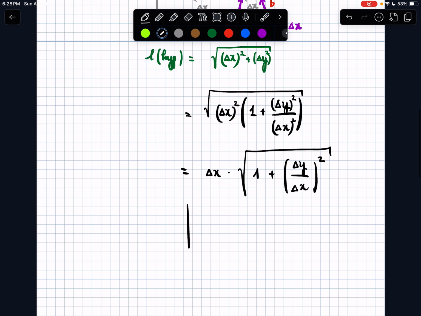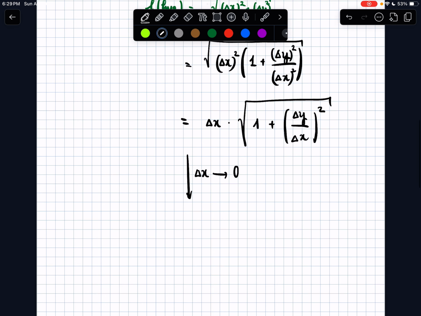Now, if delta x tends to 0, what we see is that this is dx. Delta x tends to 0, we have dx times the square root of 1 plus (dy divided by dx) squared.